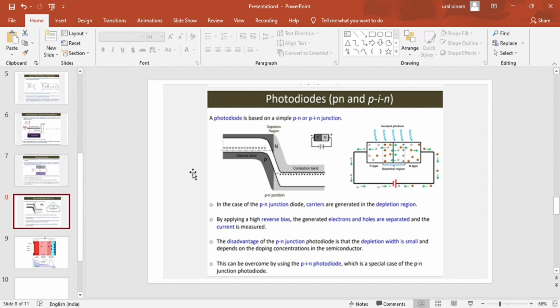This sets up a region known as the depletion region, so called because there is no mobile charge carrier. The immobile charge carriers set up an electric field through which the electron can't pass.